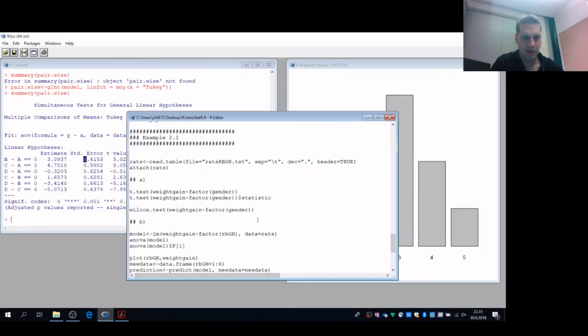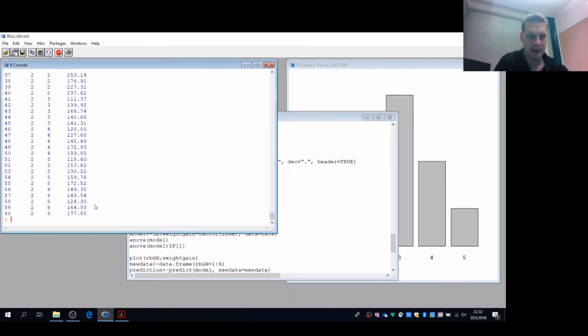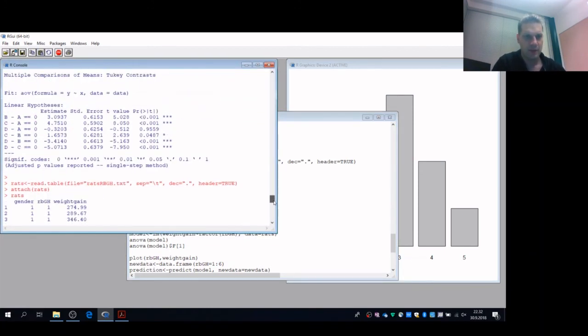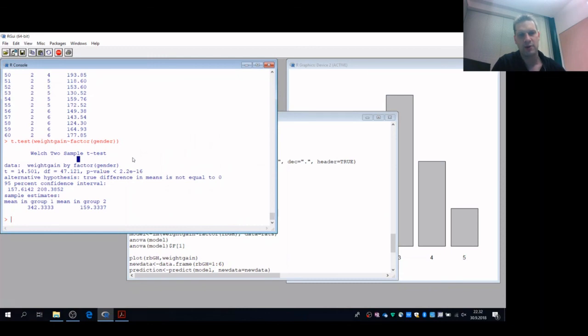So we first read the data this way, and then we do the test in this way. We use the t-test, weight gain, because the gender here in this rats data is given in this form. We must use gender as a factor in our analysis. So this gives us the t-test, actually the Welch t-test, because by default in this t.test function the var.equal argument is set as false.